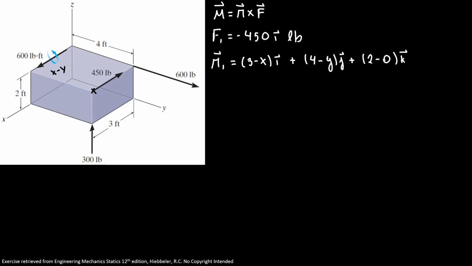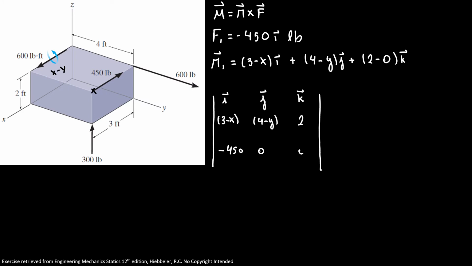So here our first distance vector is 3 minus x I plus 4 minus y j plus 2 minus 0 k. So to proceed with our moment, we're going to build the matrix I, j, and k. Here our distance vector 3 minus x, 4 minus y, and 2, and here our force minus 450, 0, and 0. I'm just gonna put the result.